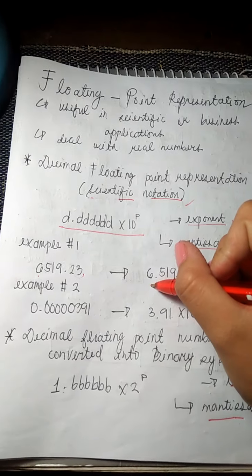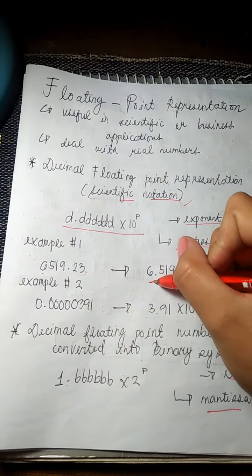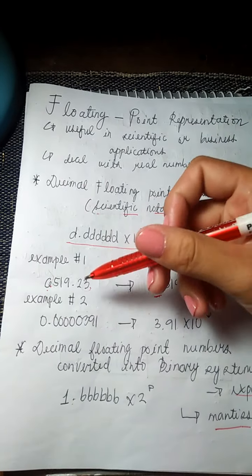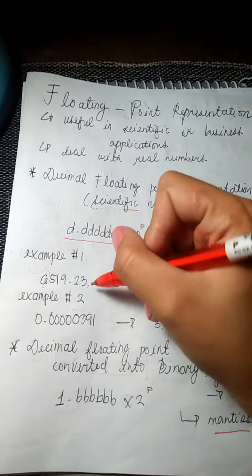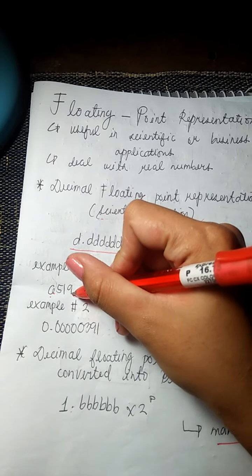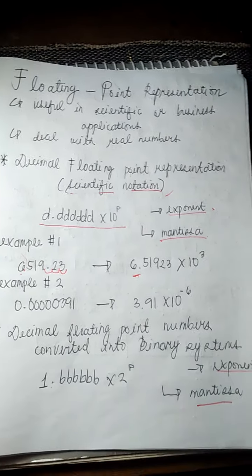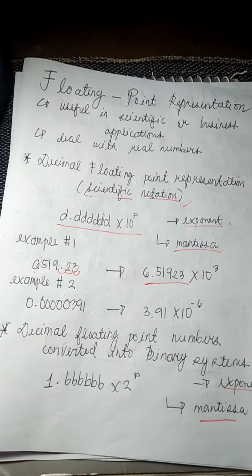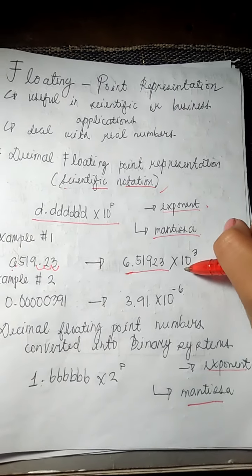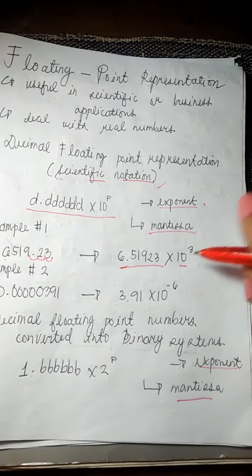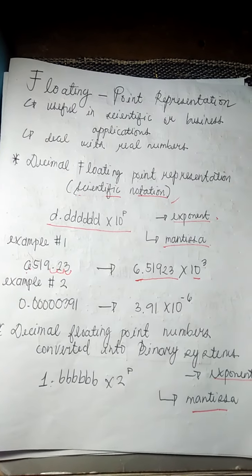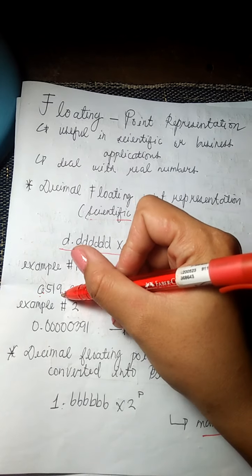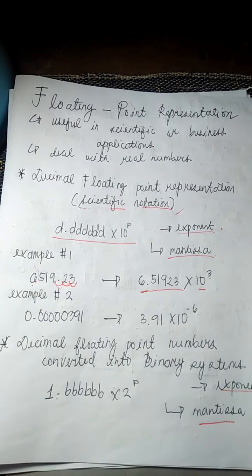So first, its scientific notation is 6.51923. Then 6.51923 times 10, since it's decimal, and then its exponent is 3, because we moved the decimal point three places.